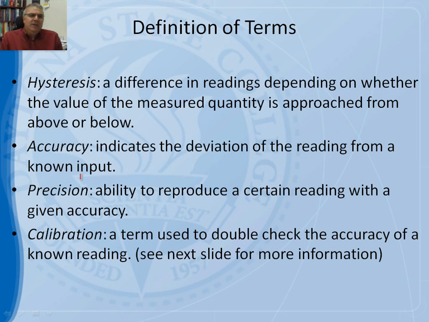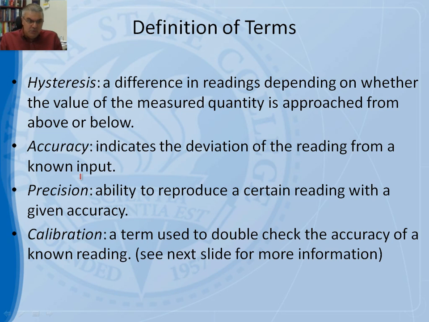Then accuracy, you've probably heard that term in metrology. It's somewhat different. It indicates the deviation of the reading from a known input. So when we have a known input, if there is no deviation of the reading from a known input, we say the accuracy is 100%. If there is a difference, then the accuracy won't be 100%. There will be some kind of a deviation.